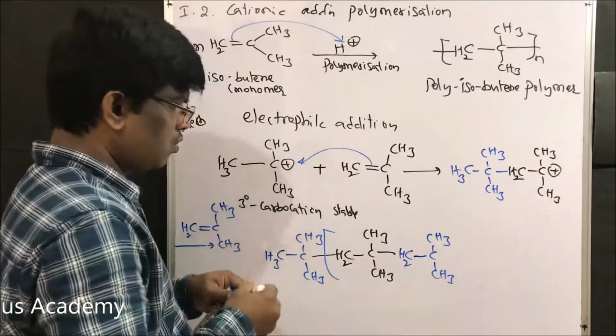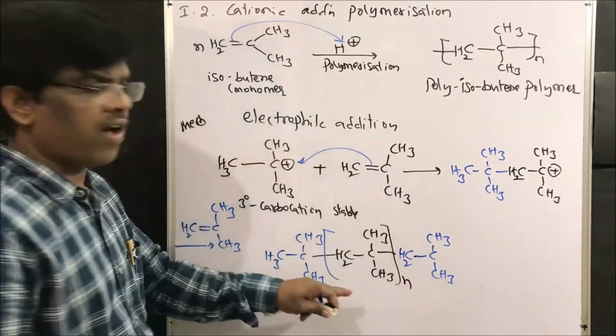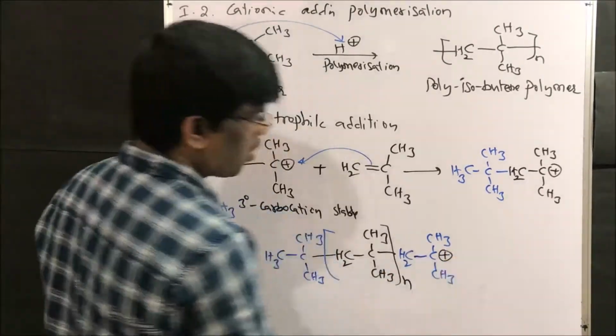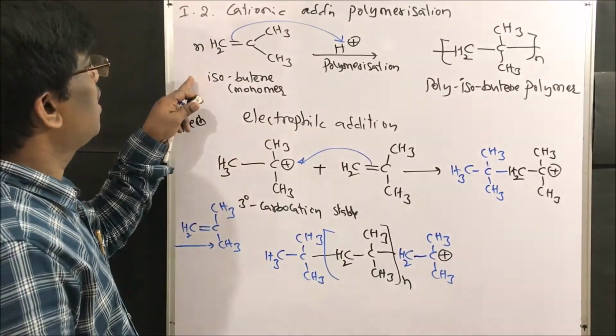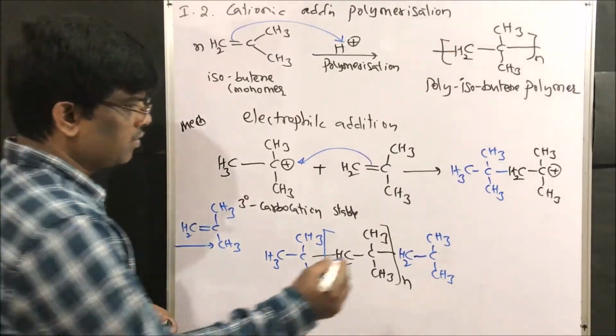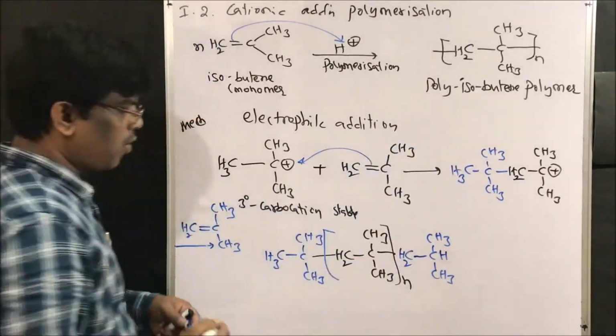So it goes on, adding to another n moles of isobutene. This is a continuous process till the end of the isobutene monomer in the reaction mixture. So it is going to give this polymer. What is this? Polyisobutene polymer.